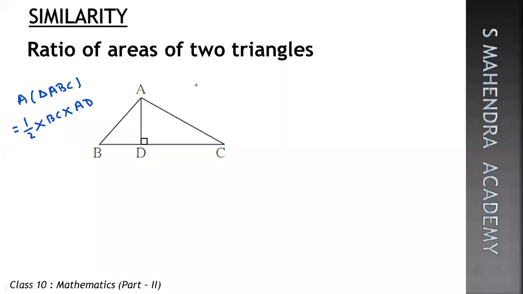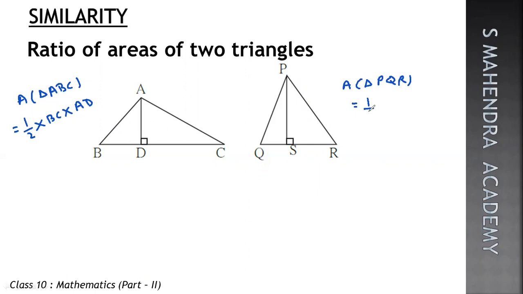So for the second triangle PQR, the area of triangle PQR is equal to 1/2 base. Here the base is QR and the height is PS.